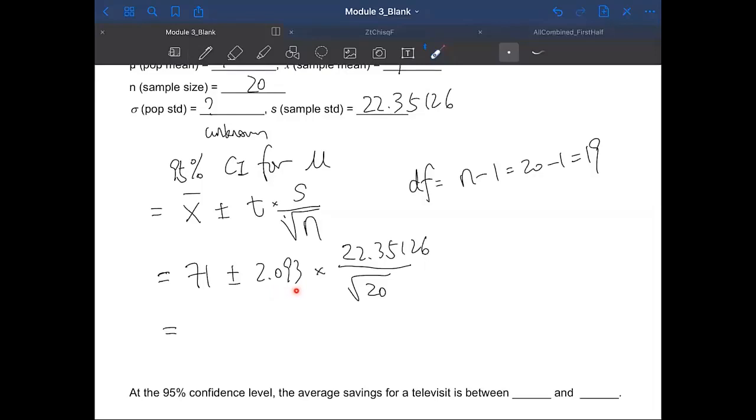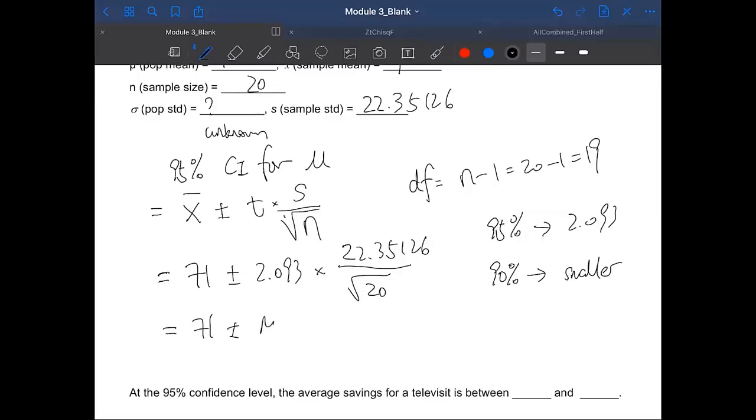For example, right now for 95% it is 2.093. You should also be able to know that for 90%, this number is going to be smaller than 2.093, right? Okay, you can figure that one out. Okay, so you can plus minus the MOE.